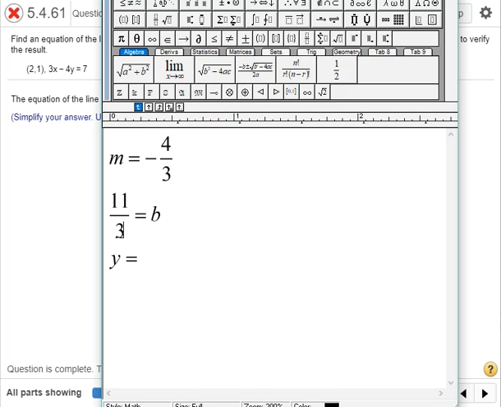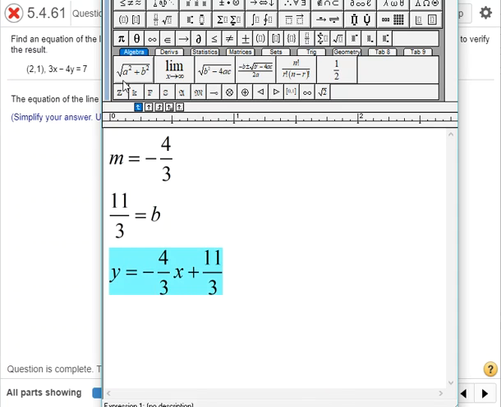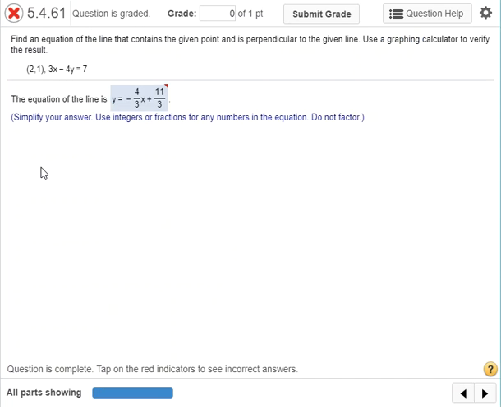Now I have y equals mx plus b, and I know my value of m is negative 4/3, and my value of b is 11/3. So this would be the equation of the line perpendicular to the one we were given, passing through the point 2, 1.